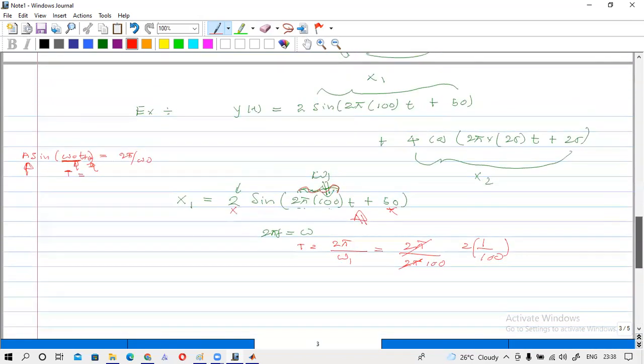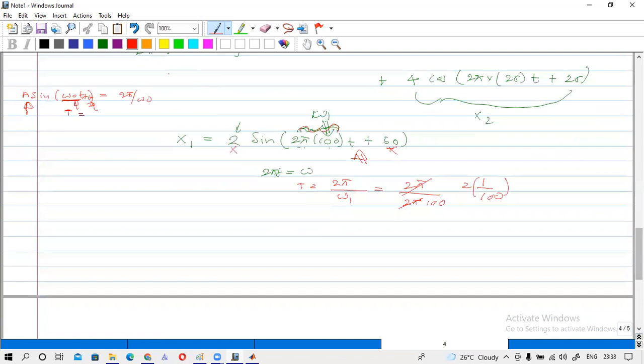Now if you consider the other signal, that is x2 is equal to 4 cos(2π 25 t + π/4). Okay, so this is the cos signal, and it is also the same as a sinusoidal signal.